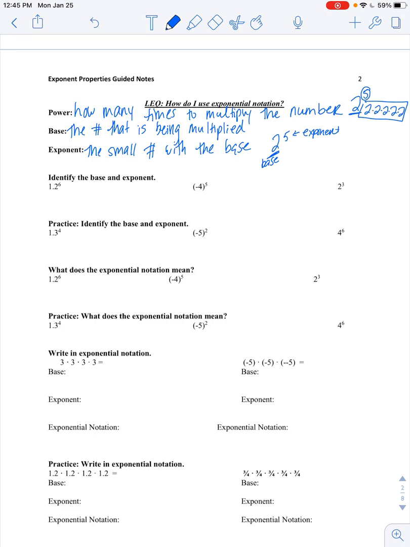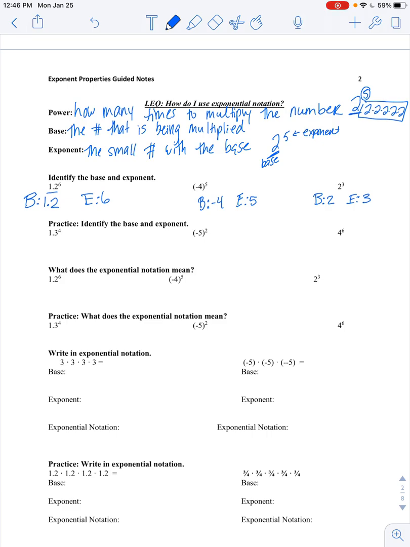So we're just going to review how to identify your base and your exponent. Your base is the big number, so 1.2, and then your exponent is 6. Okay, -4 raised to the 5th, your base is -4, and your exponent is 5. 2 to the 3rd power, or 2 cubed, has a base of 2 and an exponent of 3.